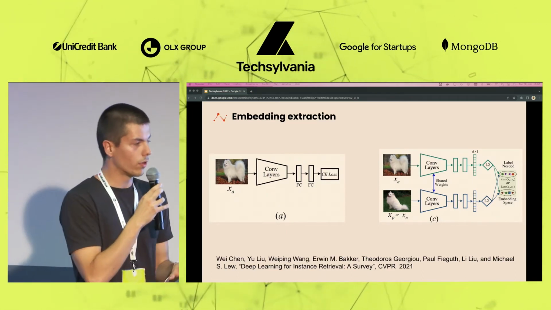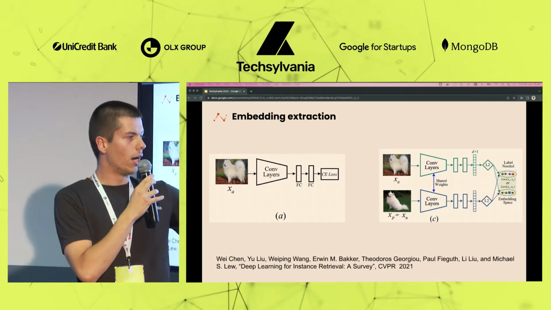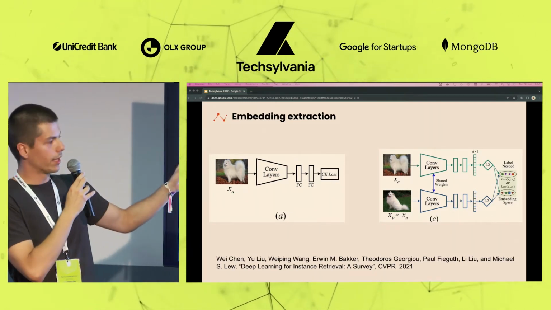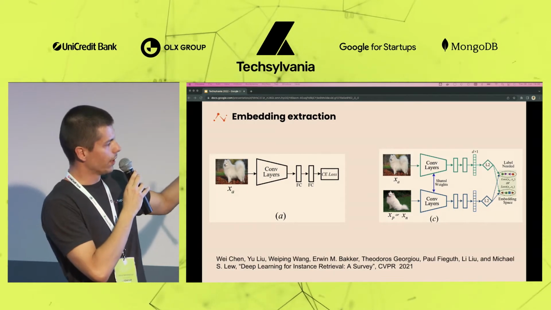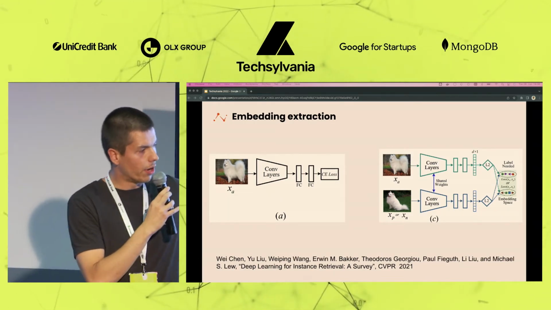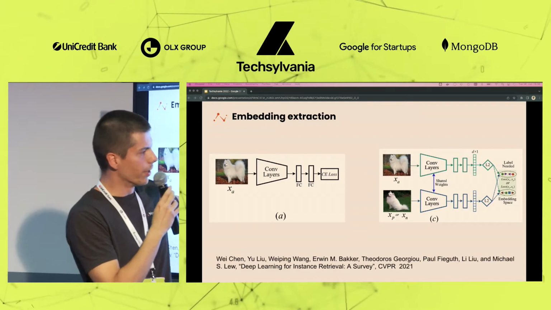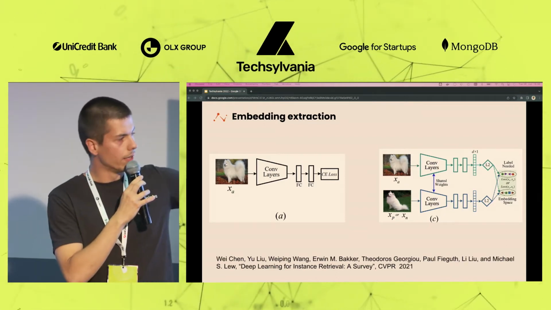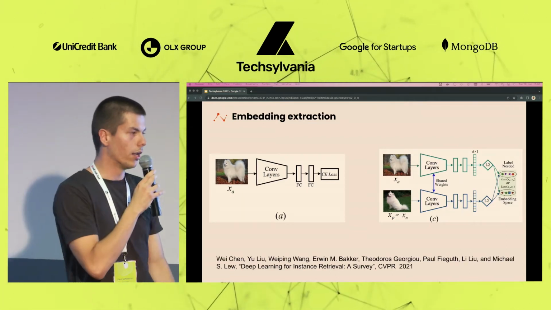So what we want to go for is a different approach in which we don't construct a model that can say, is this a dog? We have a model that can say, are these two instances in the same category? And what we use for that is something we call embeddings.